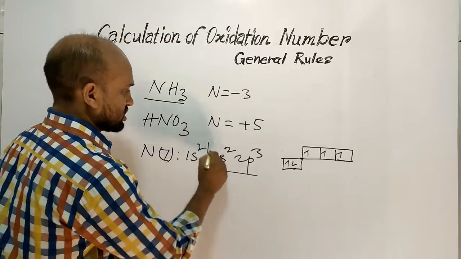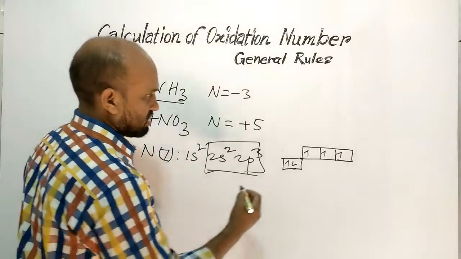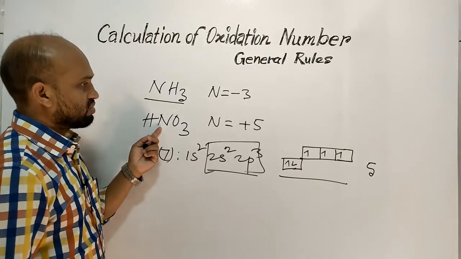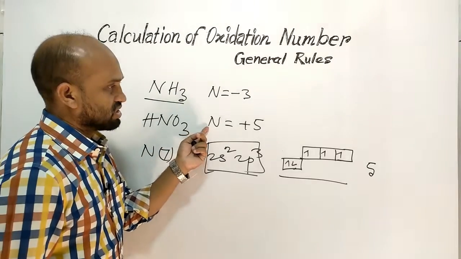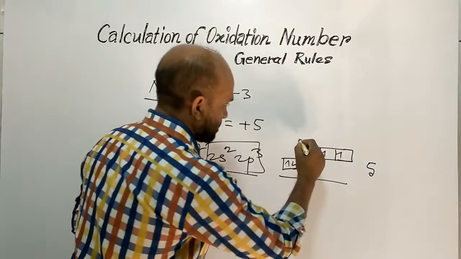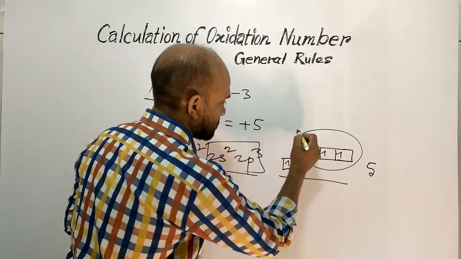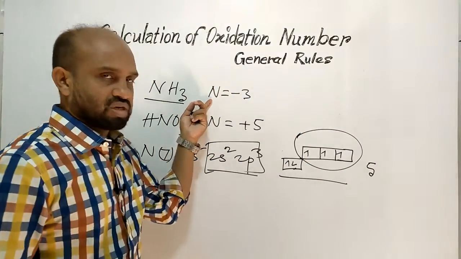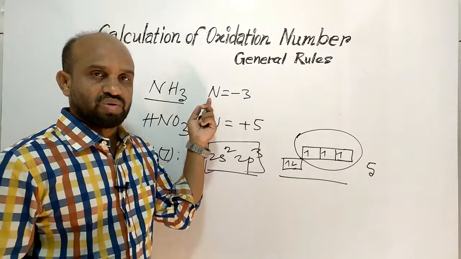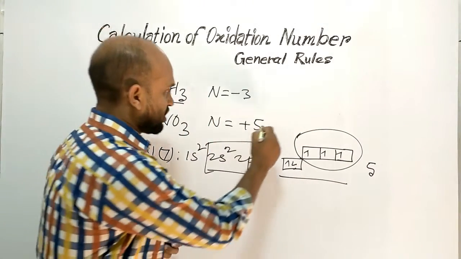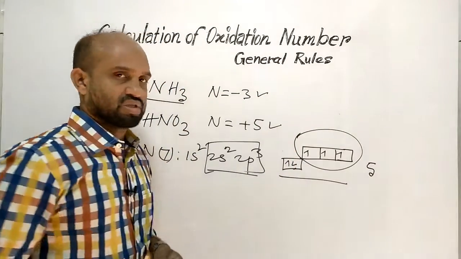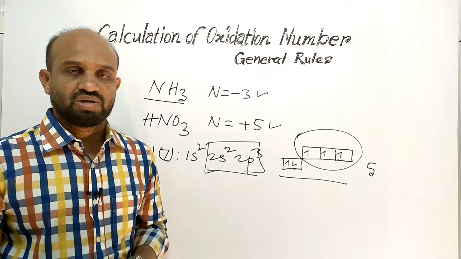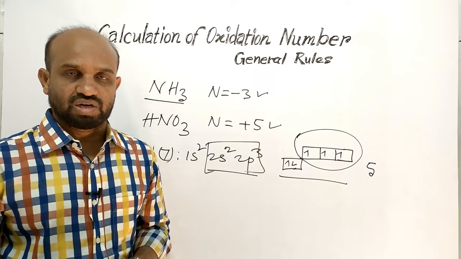So in the outermost shell of nitrogen there are a total of 5 electrons. So the maximum oxidation number of nitrogen is 5, and in the outermost shell there are 3 unpaired electrons. So the oxidation number of nitrogen is minimum 3, maximum 5. This is the oxidation number from the electronic configuration of the p block element nitrogen.